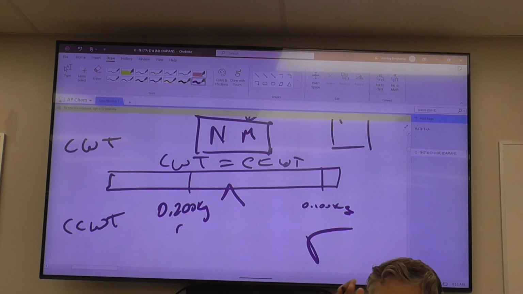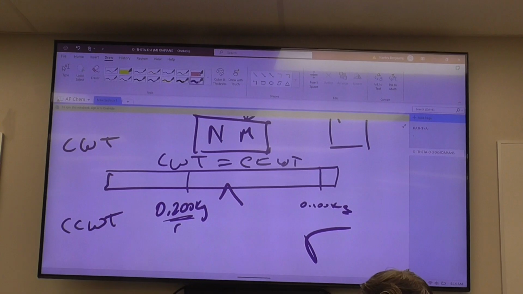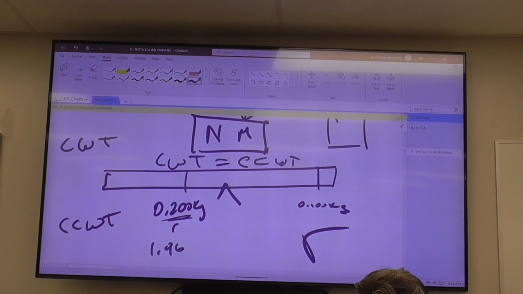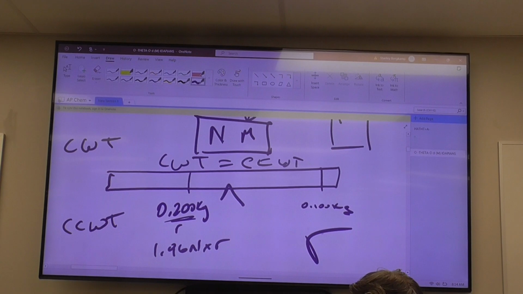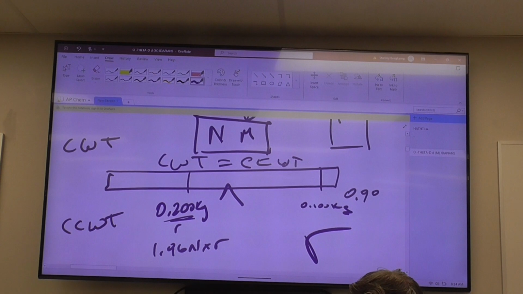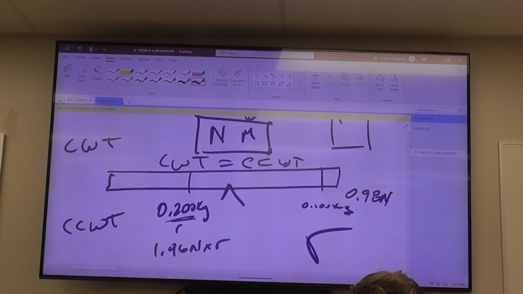Now, technically, this is going to be force. So how can I calculate the force created by a 0.2 kilogram mass? Gravity. That's going to be 1.96 newtons times whatever that radius is. This is going to be 0.98 newtons multiplied by that bigger radius. So the concept is really simple.